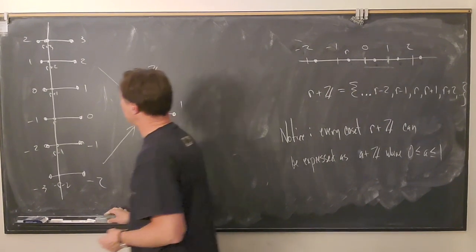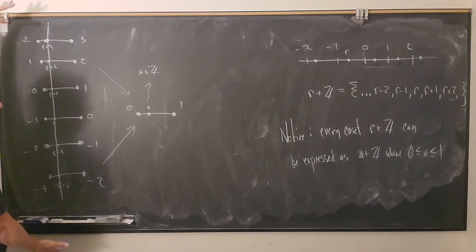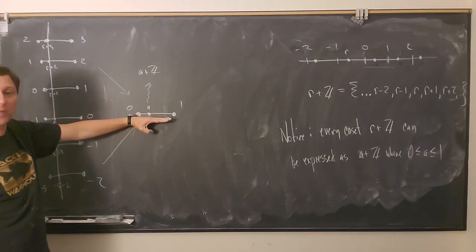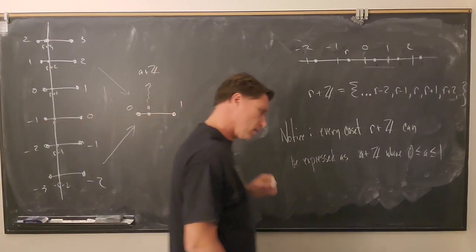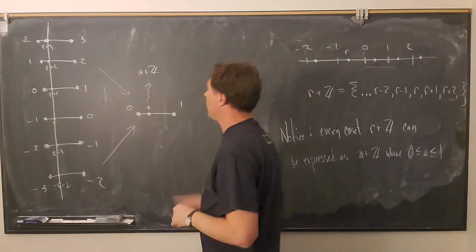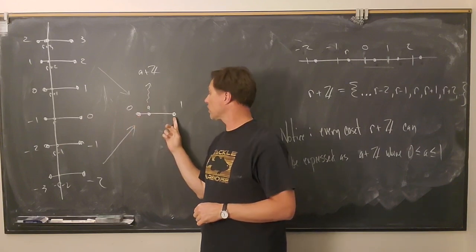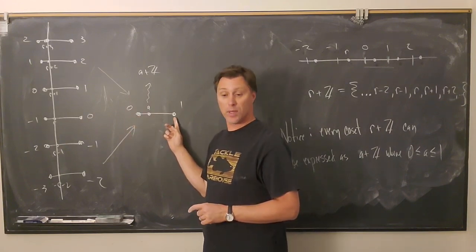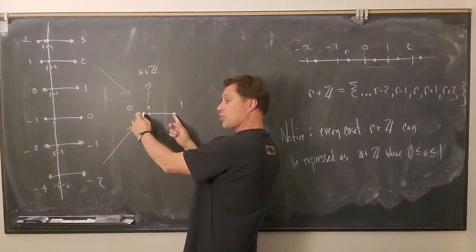In a sense, what it does is it takes the real line, chops it up into a bunch of intervals, and then smashes it down into a single interval. And then we have to recognize, oh, wait, the coset 0 plus Z corresponds to the coset 1 plus Z. And so really, then these two are the same.